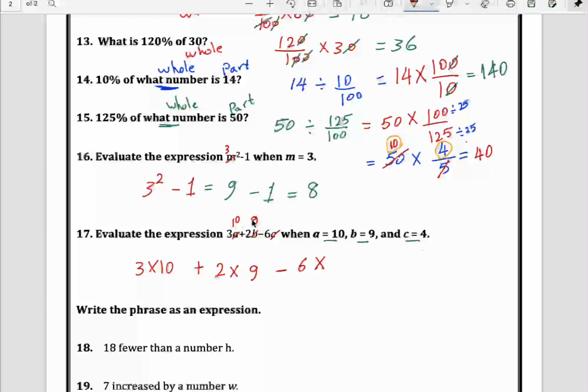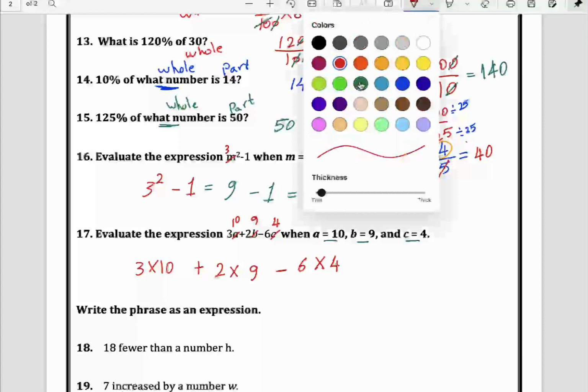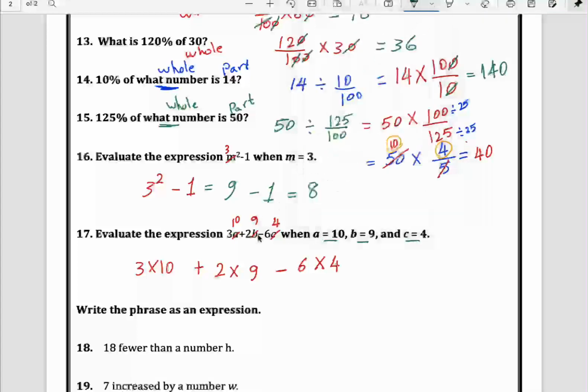C is 4. So 6 times c is 6 times 4. And now, as you know, in the order of operations, we multiply first, each term. So it will be 30 plus 18 minus 6 times 4, which is 24.